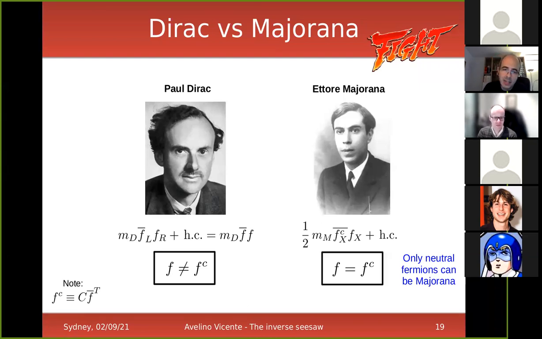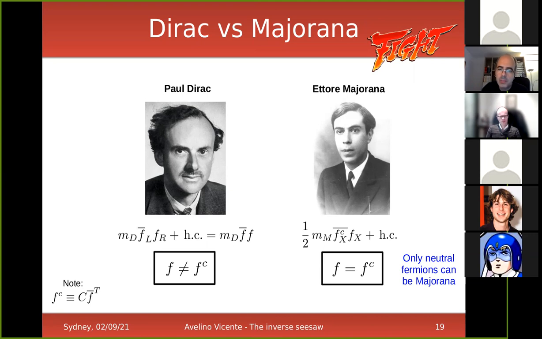The first case, Dirac fermions, is just a reproduction of what you do with the other fermions in the standard model. You just have a Dirac mass term, maybe I should say not the simplest, but the most familiar type of fermion mass term, in which you involve left-handed and right-handed fermions.